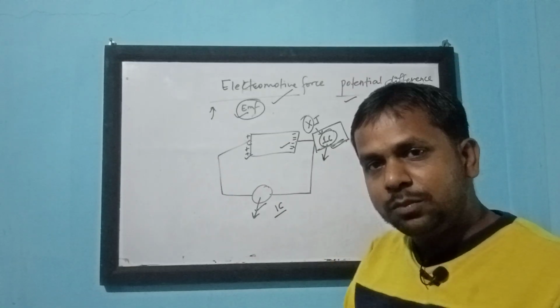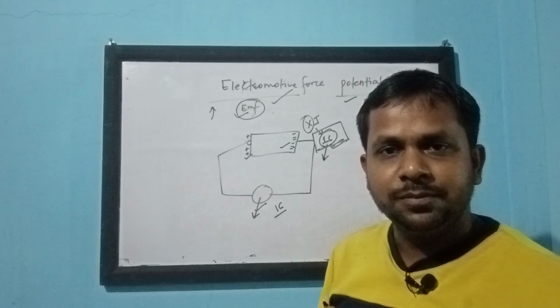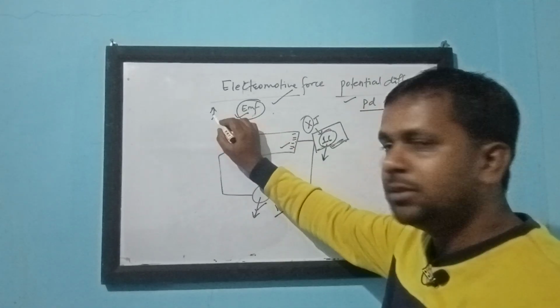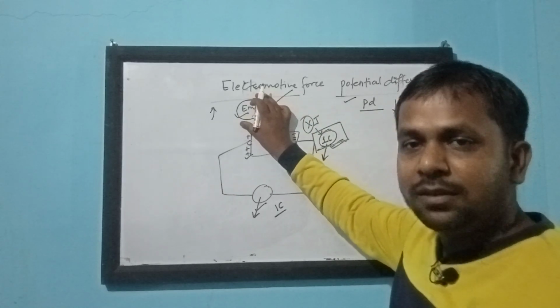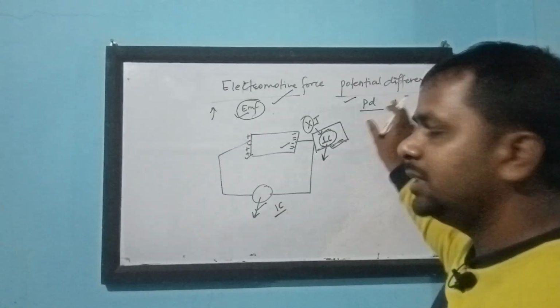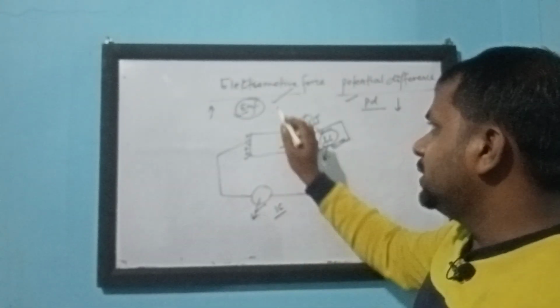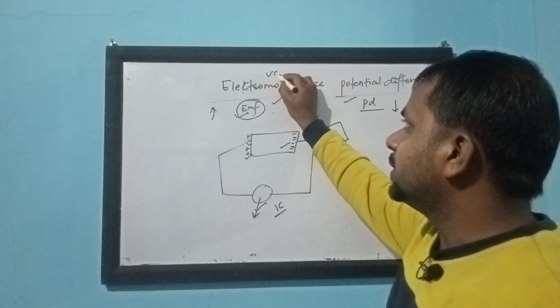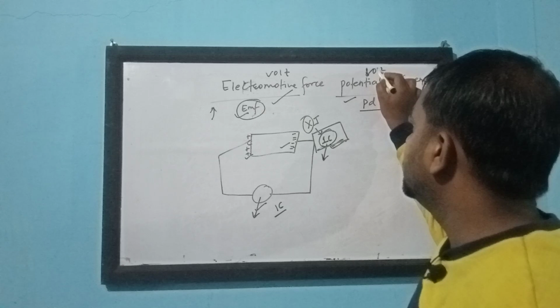So energy value is more, work done value is less. So we say EMF is always greater and potential difference is always smaller. Okay, both are measured in volt.